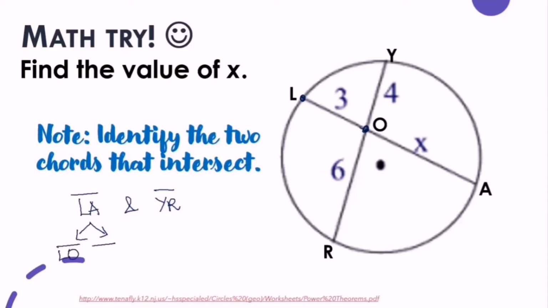So, from O naman, papunta kay point A. So, segment OA. Next, si YR, from Y going to O, and O going to R. Okay, so yan yung tinatawag natin na segments in a chord. Okay, so let's remember that.